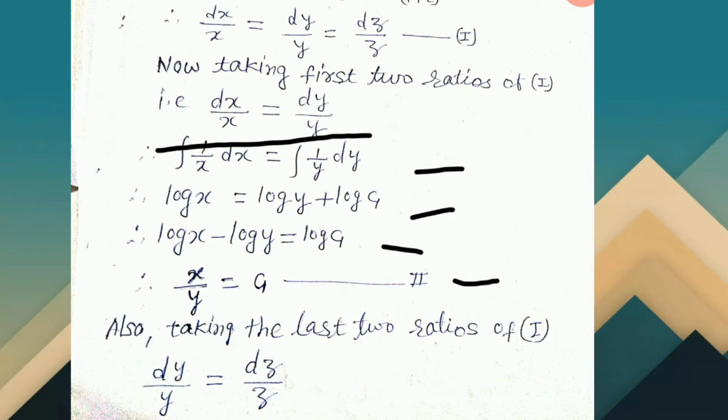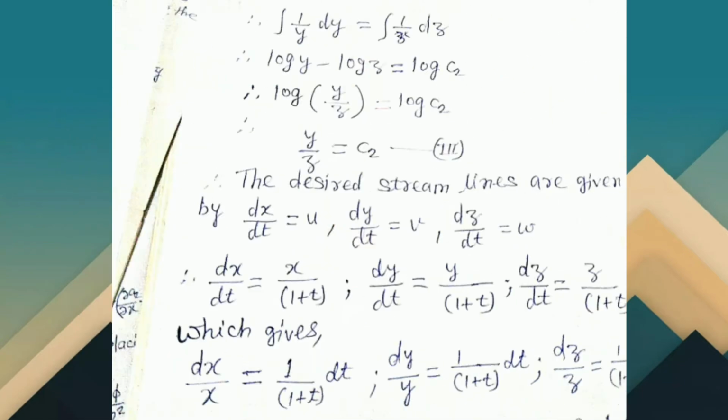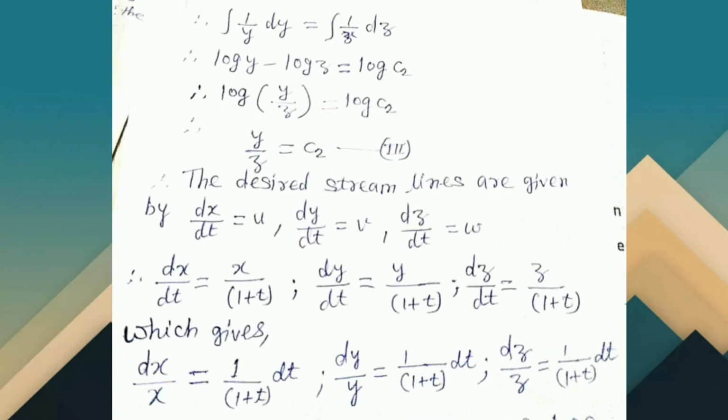Again we take the last two ratios of this equation first, and those ratios are dy upon y is equal to dz upon z. So again integrate these two ratios. Integration of 1 upon y dy is equal to integration of 1 upon z dz.